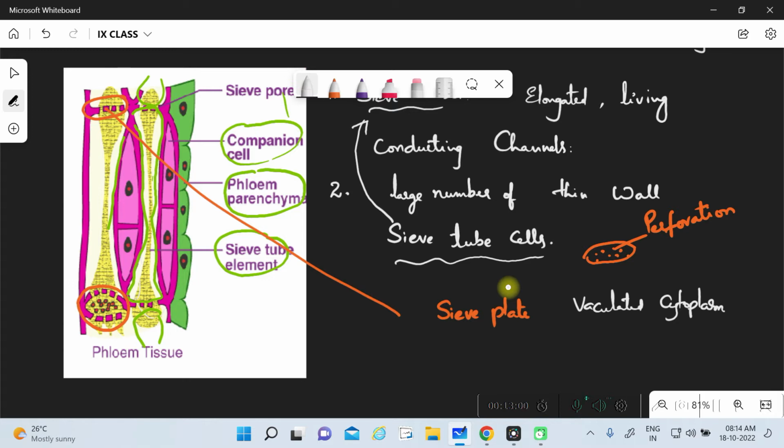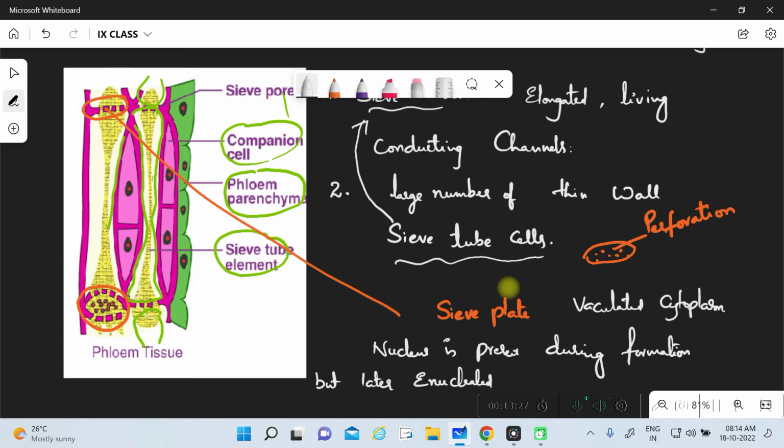Initially, when they take birth, a nucleus is present during the formation of the sieve tube cell, but later it is enucleated.